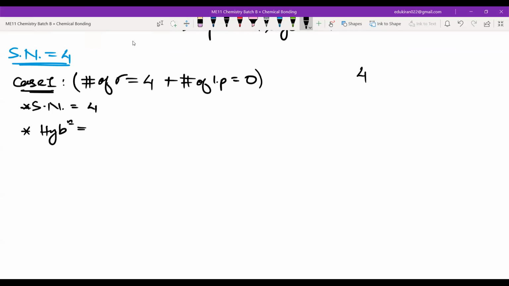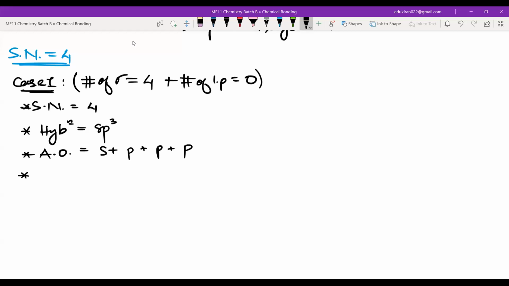I have given 2 hybridizations. For 4, I have written a star that I will discuss. So tell me, what is the hybridization there? sp3, right? So here we write the atomic orbitals taking part in the hybridization: s plus p plus p plus p, which are px, py, and pz.